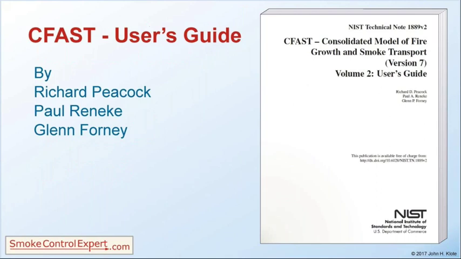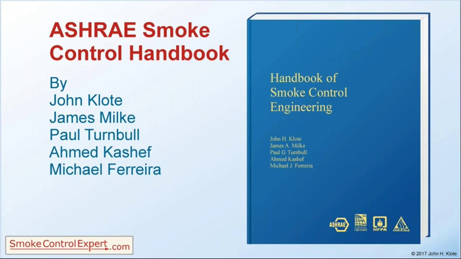The user's guide is much more for design engineers, much more of interest, and the authors are listed for it. Also, I'll be talking about the Handbook of Smoke Control Engineering here, and I'll just call that the Smoke Control Handbook for short.